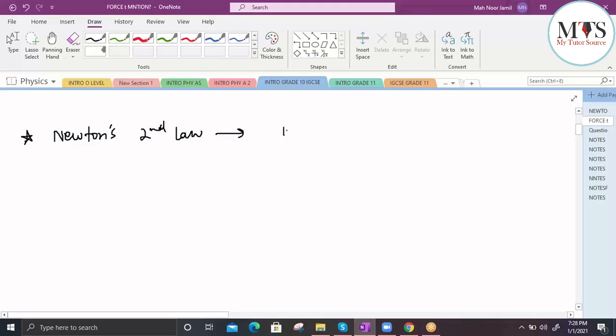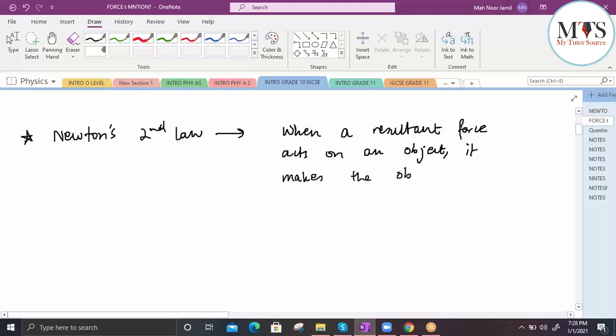It states that when a resultant force acts on an object, it makes the object accelerate in the direction of the resultant force.